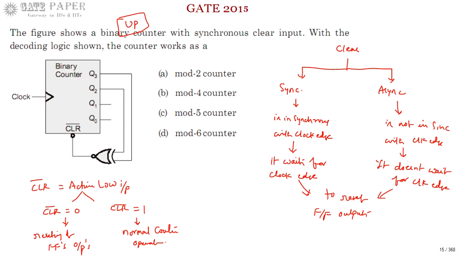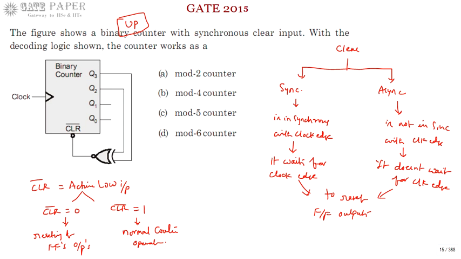As soon as clear is 0, at that instant itself it makes the flip-flop outputs become 0. But in synchronous clear, it will wait for the next clock edge so that the output changes to 0000. Now let us see what the modulus of this counter is.